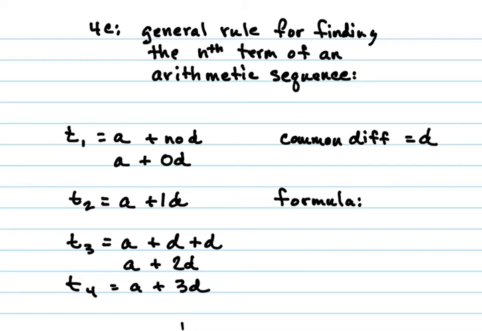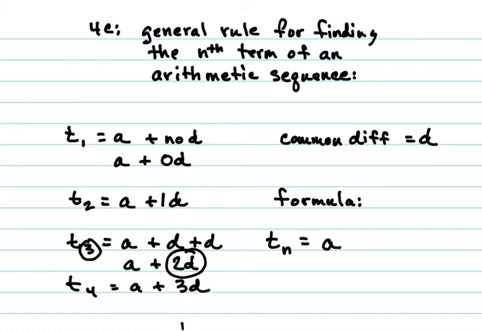So if I want T to the n, in other words, any term, right? If it's T to the third, the multiplier in front of the D was a 2. And 2 is 1 less than the 3. So to get my multiplier, I can think of it another way. Instead of adding all those D's, I can simply take away from the term number I'm looking for.